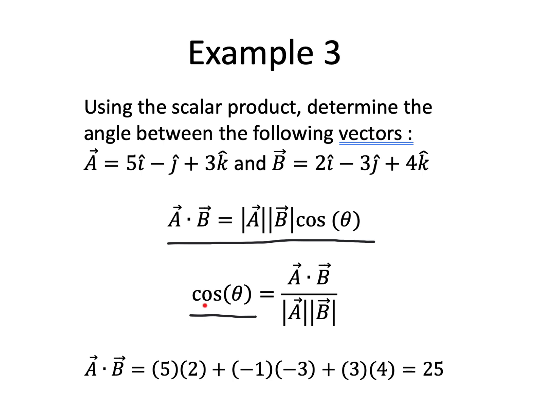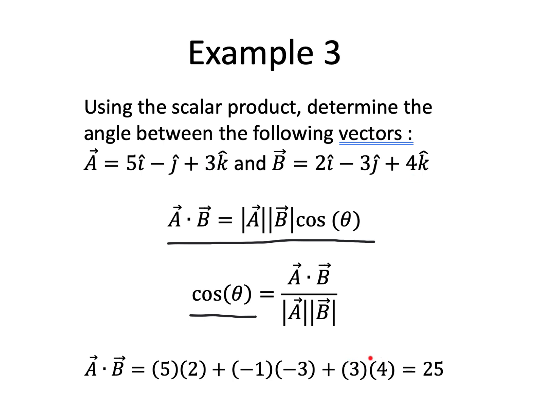And so if I want to calculate the cosine of theta, I just calculate the value of the scalar product, which we just saw how to do in the previous examples, and then I want to divide that by the magnitude of A and the magnitude of B. So we've already seen how to calculate A dot B. That's just going to be a number, a scalar, and so that's going to be 5 times 2, plus minus 1 times minus 3, that's what you have right here, plus 3 times 4.